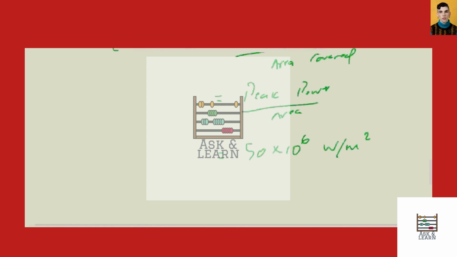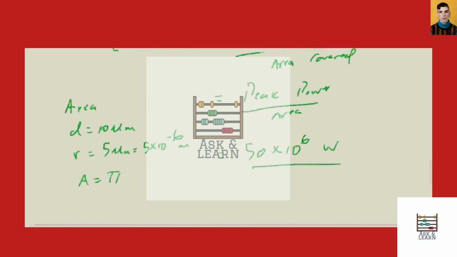And then we do actually watts. This is at the top, the numerator. That's the numerator, that's watts. And then the area, we have to figure out the area we're dealing with. Remember, the diameter is 10 micrometers. So the radius is half of that, so 5 micrometers, which is the same as 5 times 10 to the negative 6 meters. And the area of a circle is pi r squared, which is the same as pi times the radius squared.